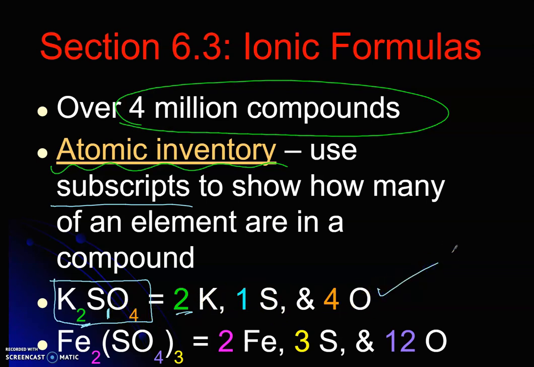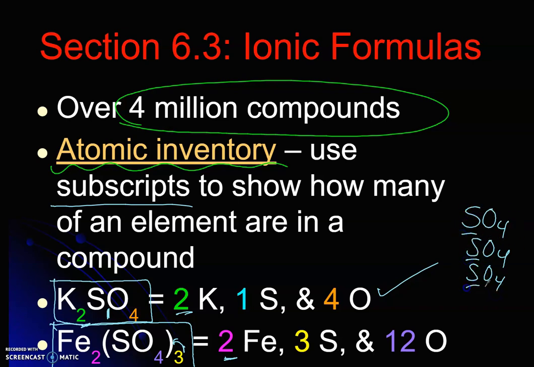That one's pretty easy. When we start getting into our multiple polyatomic ions, that's where we're going to have to do a little bit of multiplication to figure out how many of each we have. Fe2(SO4)3, taken 3 times, means we have 2 irons. Then we have 3 SO4s. That's the same as saying SO4, SO4, and SO4, 3 times.